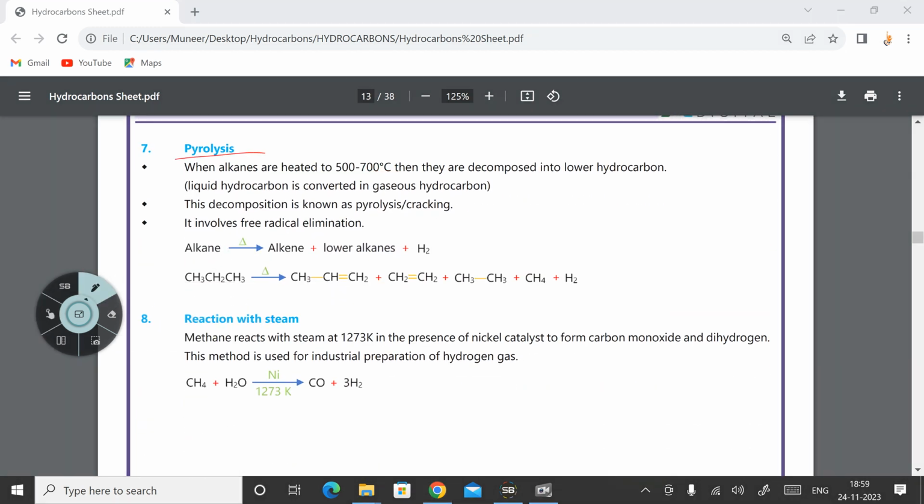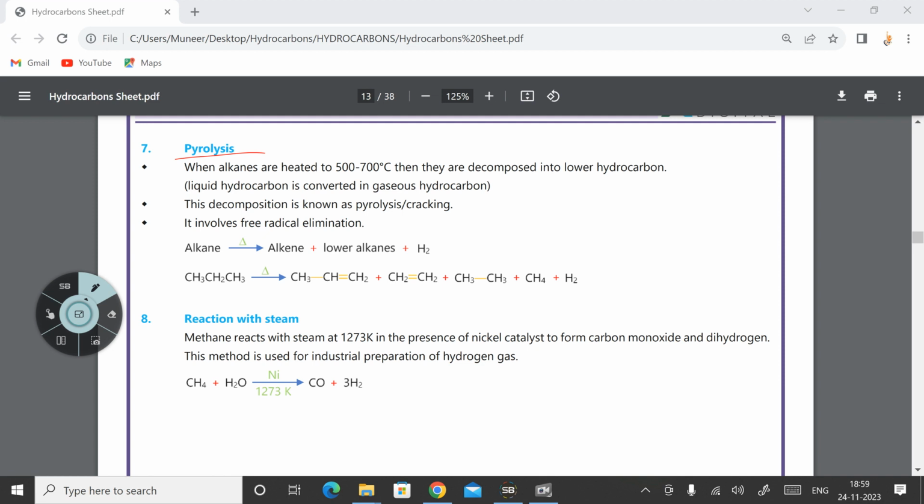Next one, pyrolysis. This is also important. What is pyrolysis? Heating of any substance in the absence of air or oxygen to convert it into smaller compounds, low molecular weight compounds.